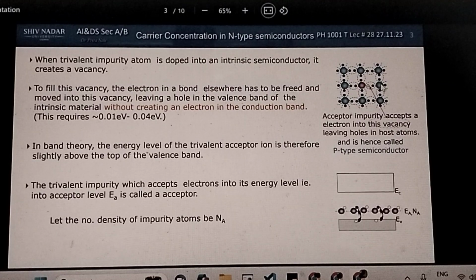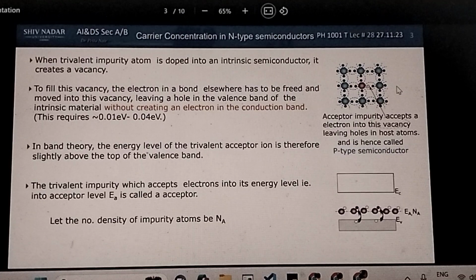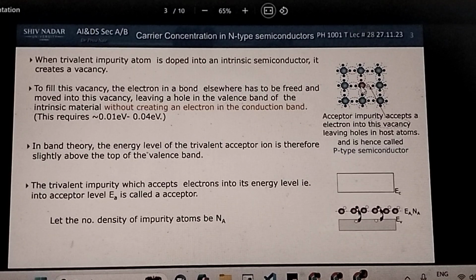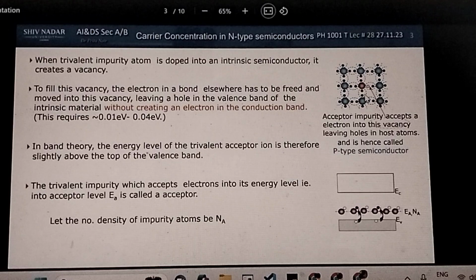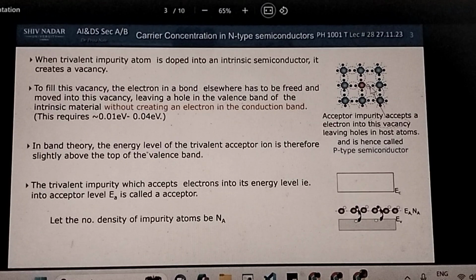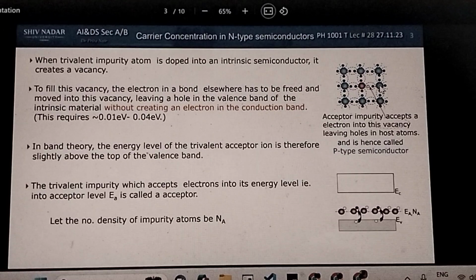Now if you take this silicon atom here to the extreme right, it has entered bonds with 3 atoms: up, down and right. To its left, it needed a silicon atom, but instead there is an aluminium or some other trivalent element there. There are only 3 electrons which it is always sharing, so it is not able to share a 4th electron with this atom.